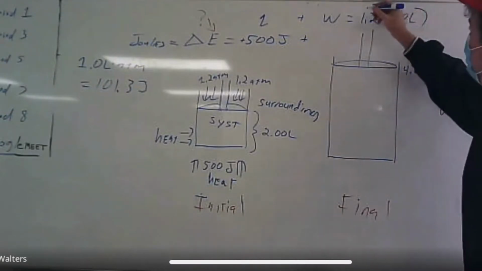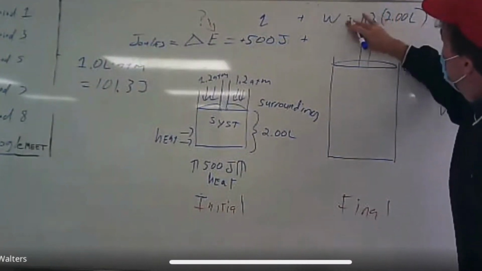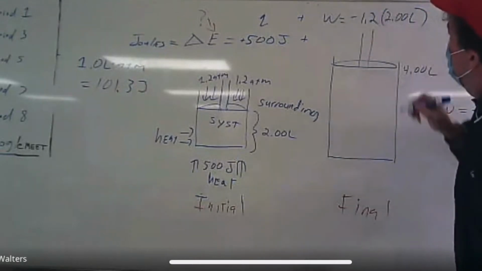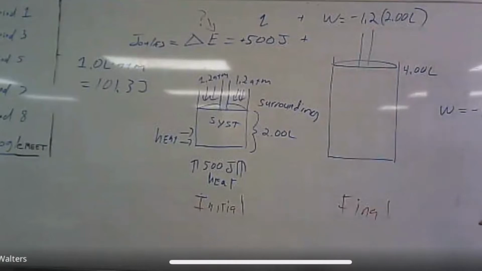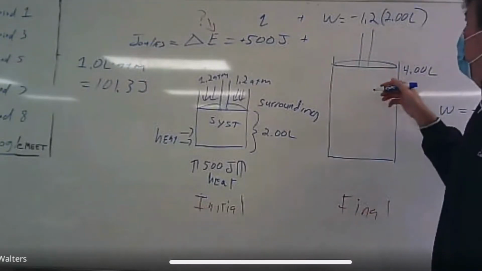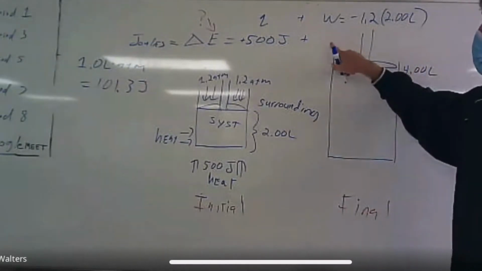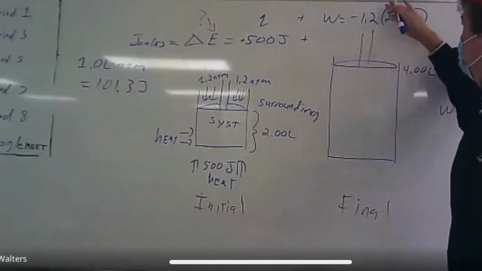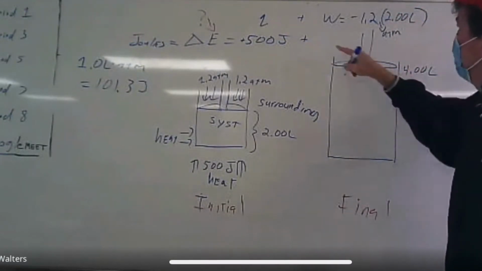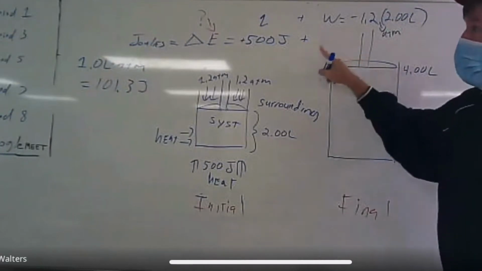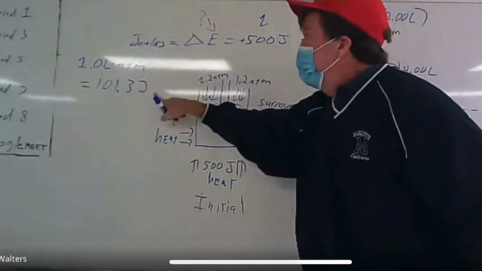So let's do this. Work equals that. What do we have here? What's our answer in liter atmospheres? By the way, let's squeeze in, that's atm. Liter atmospheres, and then of course we can convert liter atmospheres to joules.